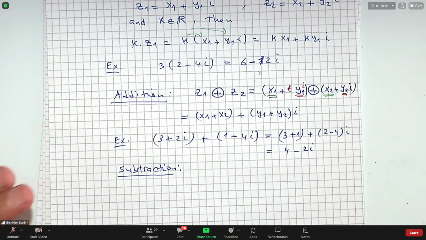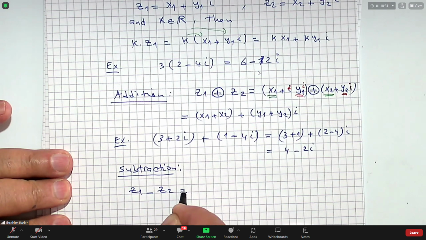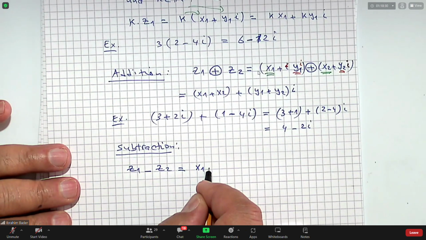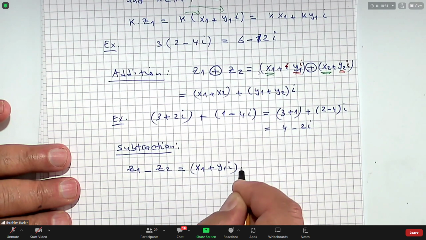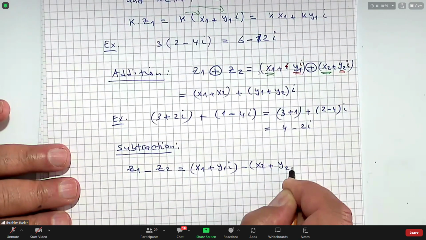Z1 and Z2 must be in the correct order. So Z1 minus Z2, again component-wise: X1 plus Y1I minus X2 plus Y2I.